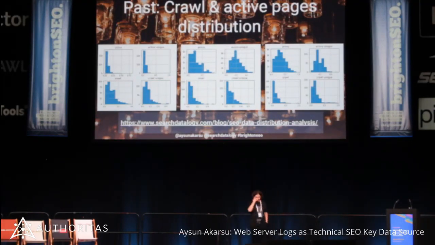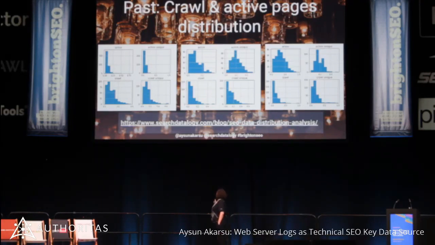And I would like to recommend you analyzing the data distribution, generally SEO data distribution, and they can give us important information. On this slide, we are seeing data distribution of the data extracted from web server logs, but different years.